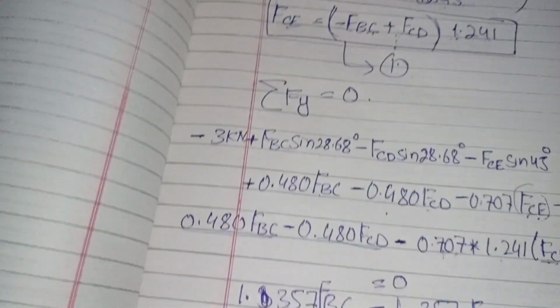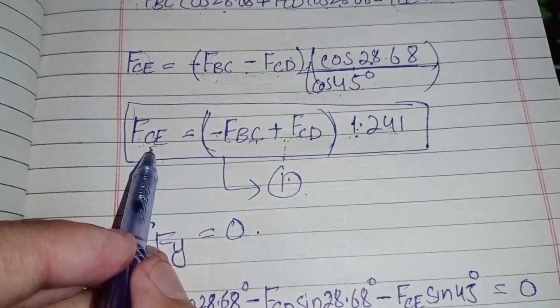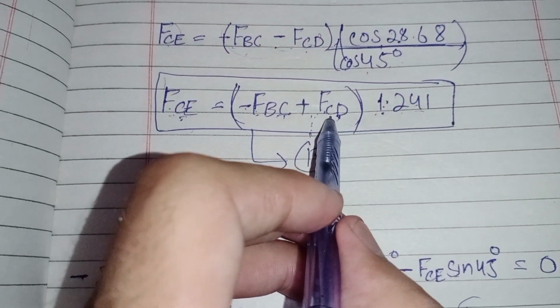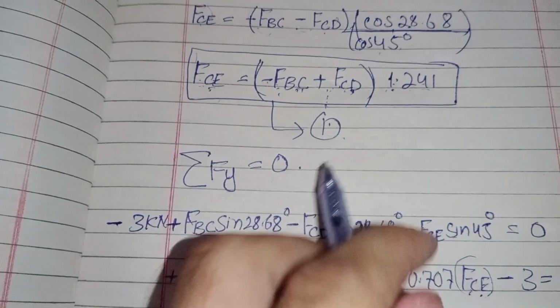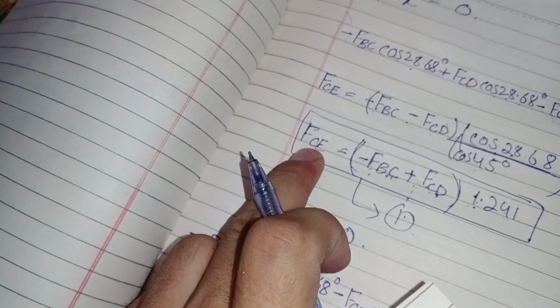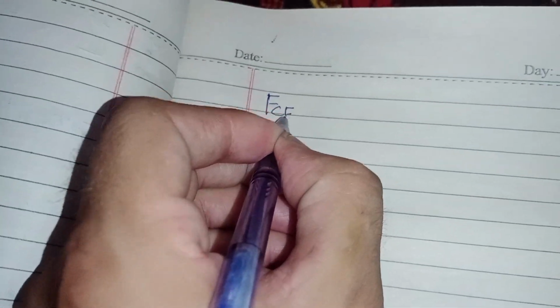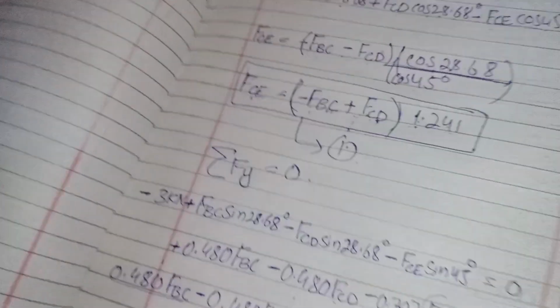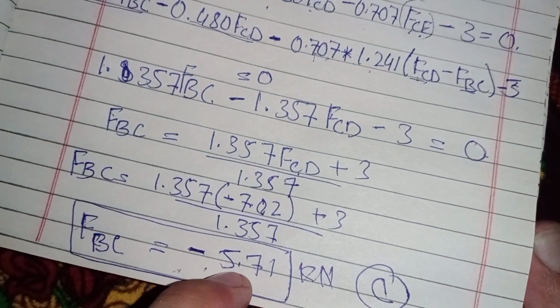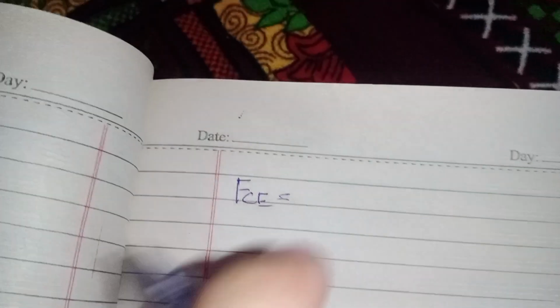Now for finding force in member CE, we will put the values of force DC and force BC in this equation. So put values in equation 1. We are finding F_CE, which will equal to, what is the value of F_BC? F_BC is negative 5.71.